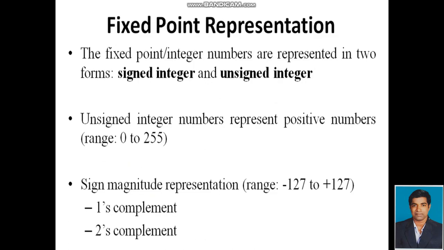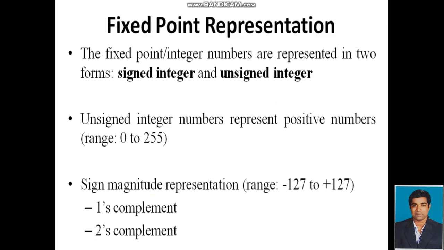Fixed point representation. The fixed point or integer numbers are represented in two forms: signed integers and unsigned integers. Unsigned integers represent positive numbers in the range 0 to 255.